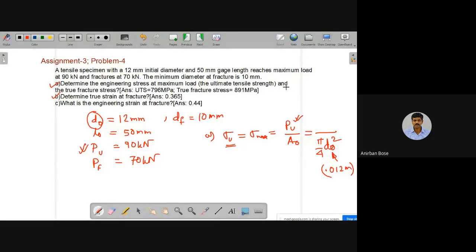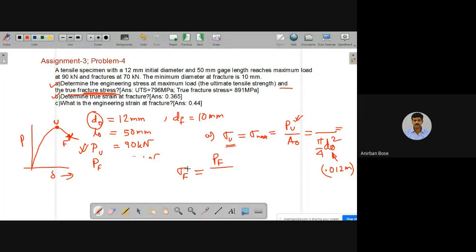Okay, second is the true fracture stress. You also have to find out the true stress at the fracture point, and fracture occurs at this point. So true fracture stress, sigma fracture, we can find out very easily, because we know the load corresponding to fracture.